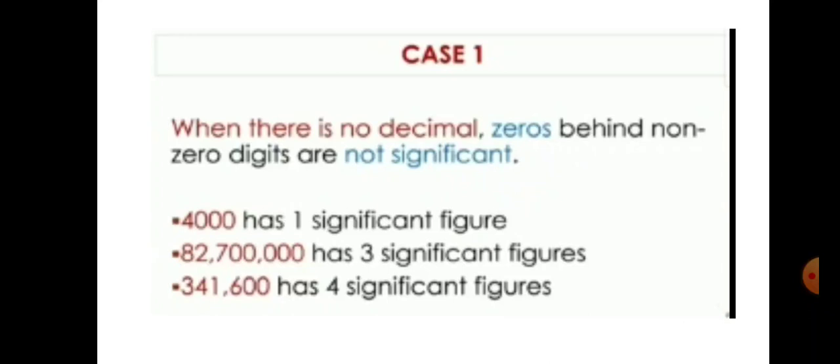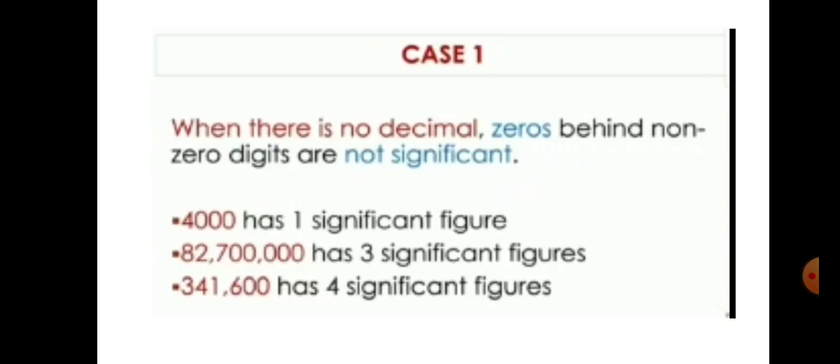For example, 4000 has only one significant figure, that is 4. All the 0s that are after the 4 are not significant because this value has no decimal, and the 0s are behind the non-zero digit.